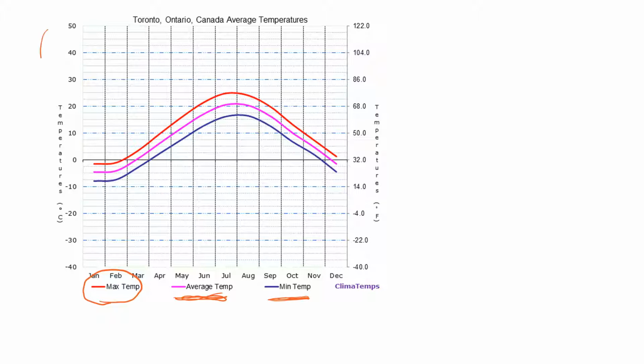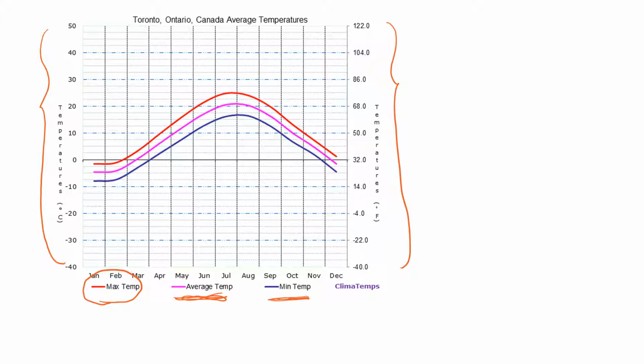On the left side we've got the temperature measured in degrees Celsius, which is most common in Canada, and for our United States people, they tend to measure the temperature in Fahrenheit, and that's what the right hand side is.